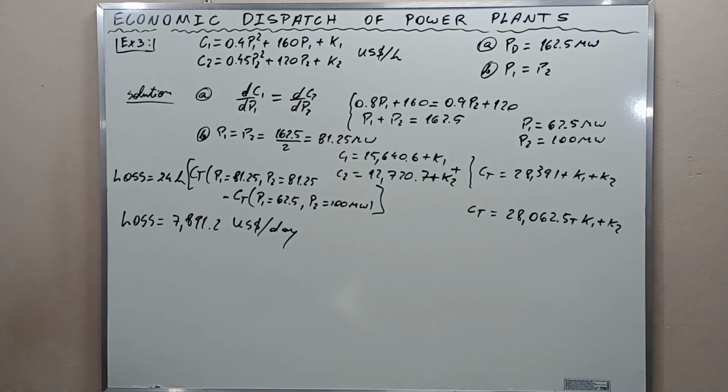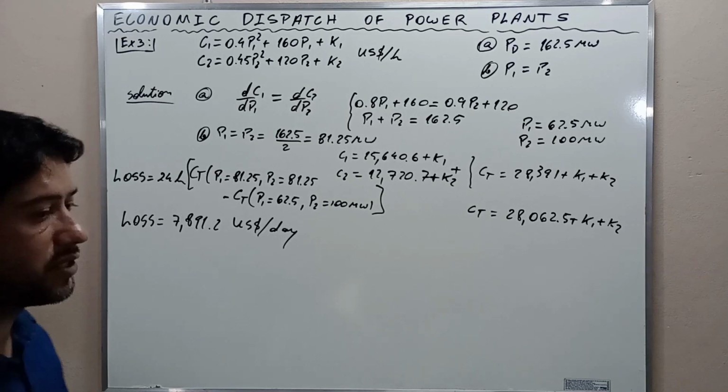All right, what is the conclusion that we get? If the generating units are equally loaded rather than optimally loaded, there will be a financial loss of 7,891.2 dollars per day. Okay, my friends, this is all for exercise 3.